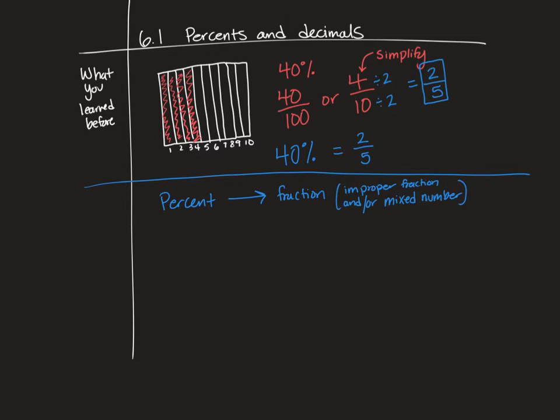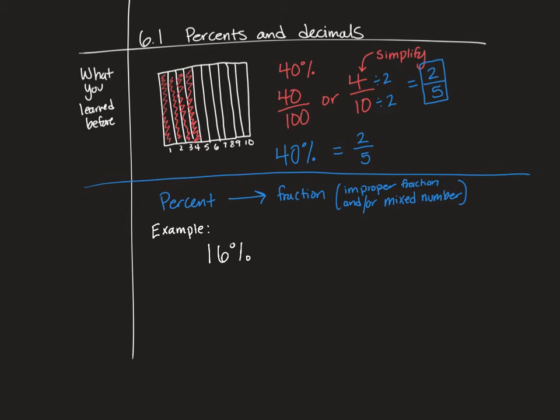I'm going to give you like 3 examples, and I'm going to write them in the color white so that I can actually do the work in a different color. So let's say we want to write 16% as a fraction. 16%. Well, 16% written as a fraction, can you guys tell me in the chat what that would look like?